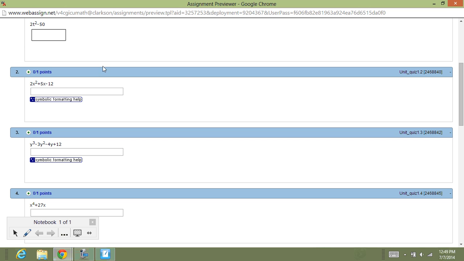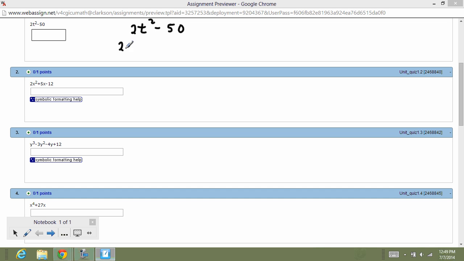Question number 1 gives us 2t squared minus 50. And of course, on all these exercises, the job is to factor completely.